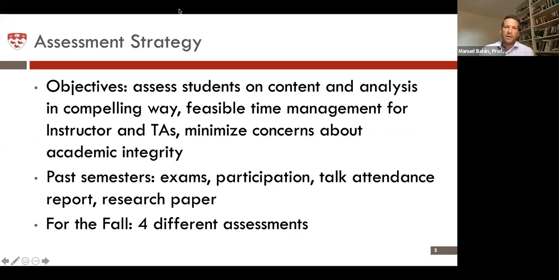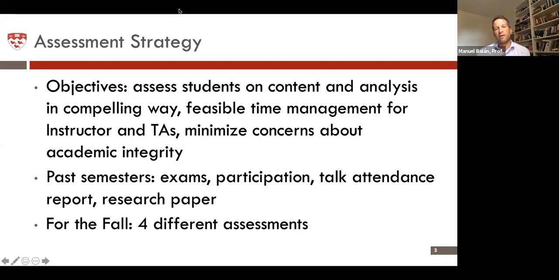But also, and this is pretty important to most of us, I was trying to manage a time management arrangement that works for myself and for TAs, so that I'm not generating all this crazy amount of work for myself or for the TAs themselves. And the other concern that I had was to try to minimize concerns about academic integrity, which are always present, but even more so under an environment of remote teaching, right?